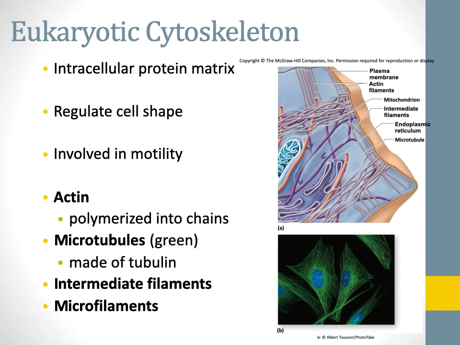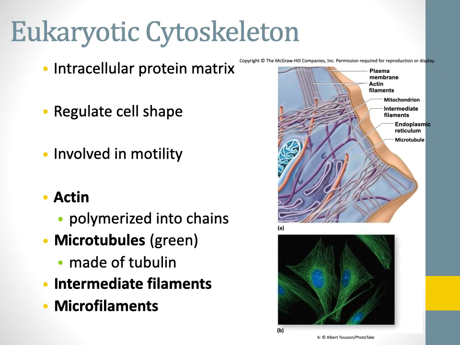With eukaryotic cytoskeleton, it's much more involved. So we have the actin that's present, but we can also have microtubules that are made up of tubulin, intermediate filaments, and microfilaments. As you can see in the figure, all of these different structures come together to provide the shape of a eukaryotic cell.